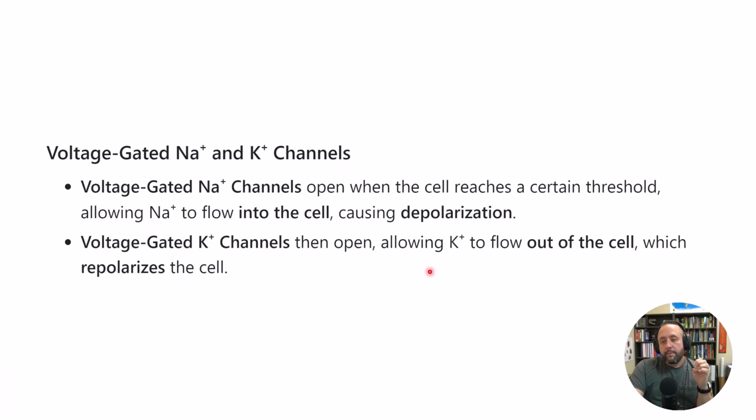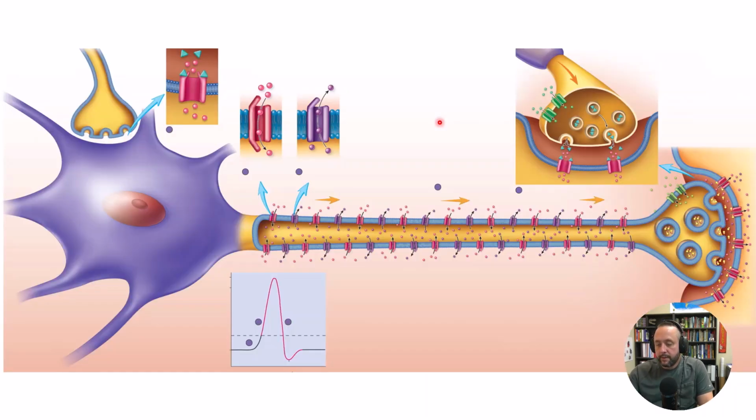So your job is to know where sodium and potassium live normally, and which way they're going during the event of one of these voltage-gated channels opening. You should also know what the words depolarizing and repolarizing mean and what's happening during that time. As the cell is depolarizing, that charge is propagating out.